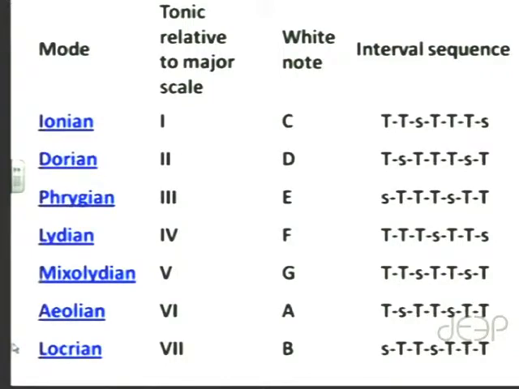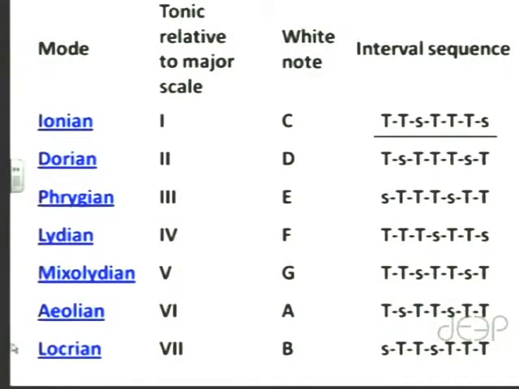Now, if you look on your screen, you're going to see that the Ionian mode starts on the first step of the major scale, and if we're using just white keys, that would be the C. And the interval sequence, as we've always said with the major scale, and you look to the right, you'll see whole, whole, half, whole, whole, whole, half.